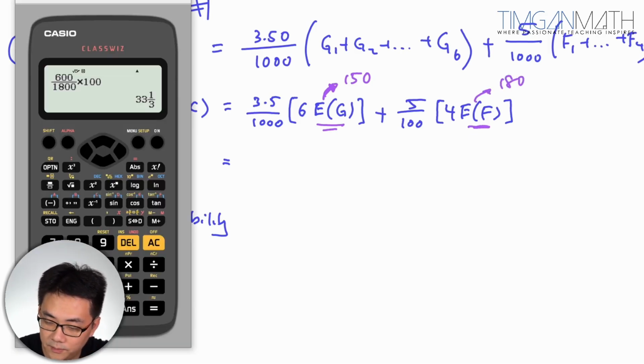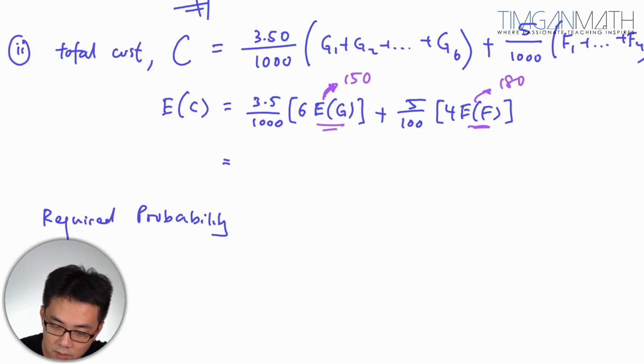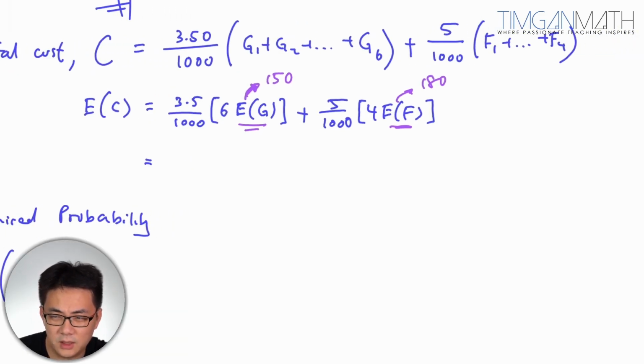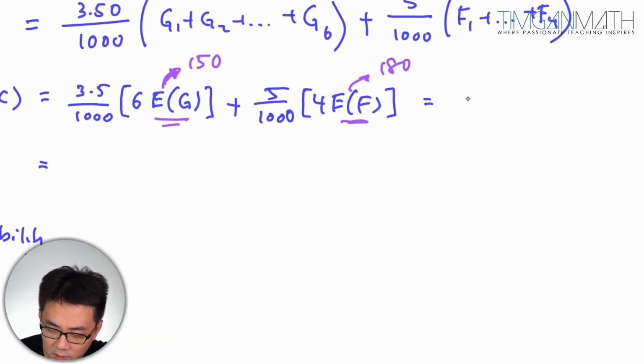Key in calculator, you get 3.5 over 1000 times 6 times 150 plus 5 over 1000 times 4 times 180. That will be 6.75. You expect it to be about $6.75.